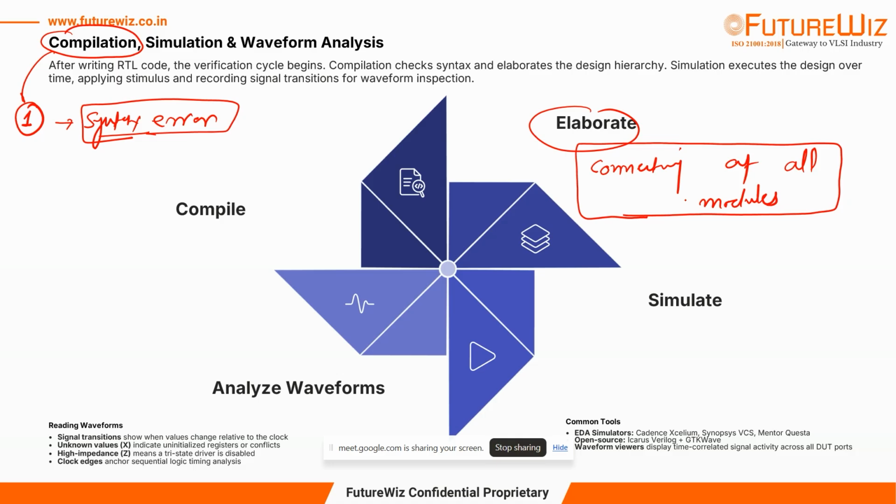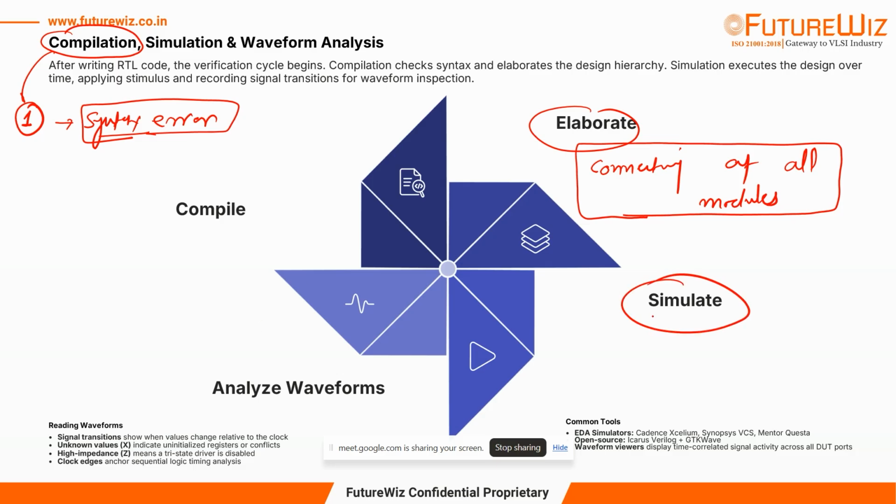Or one module is for the DUT and another module is for the test bench, so you have to connect their variables to send the appropriate set of inputs to the appropriate inputs of the DUT, right? So that comes in the elaborate phase, where we are connecting all the modules.